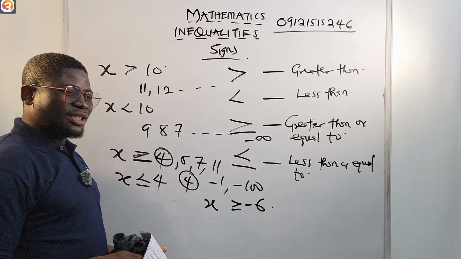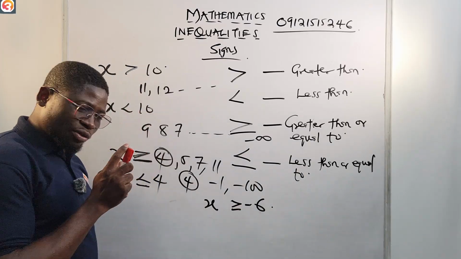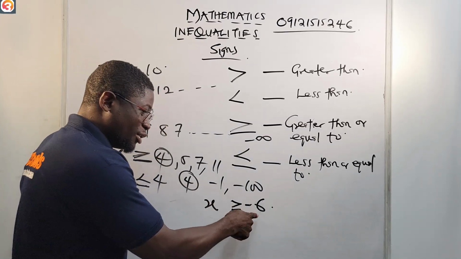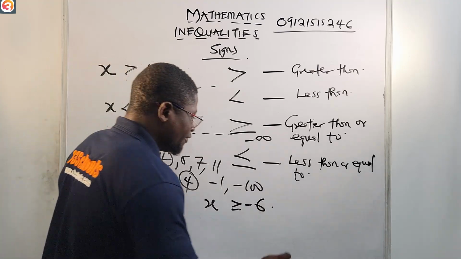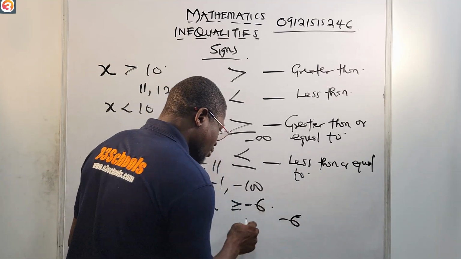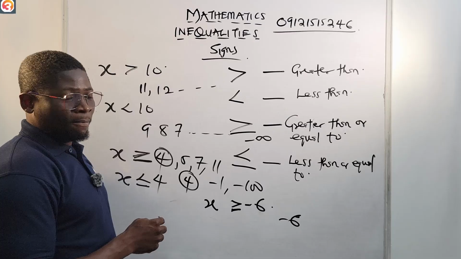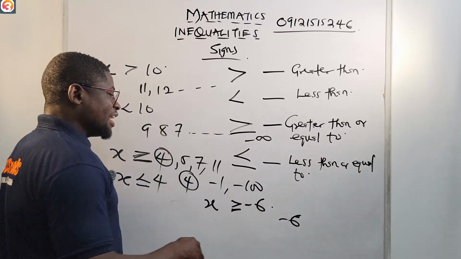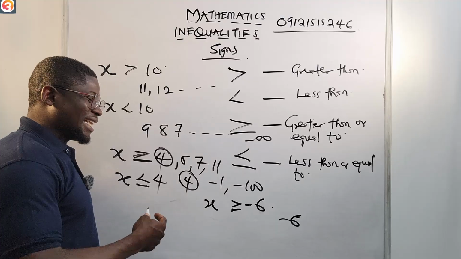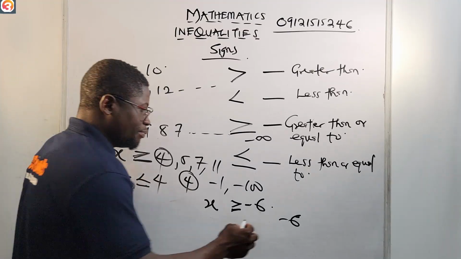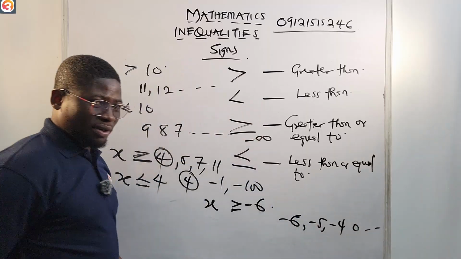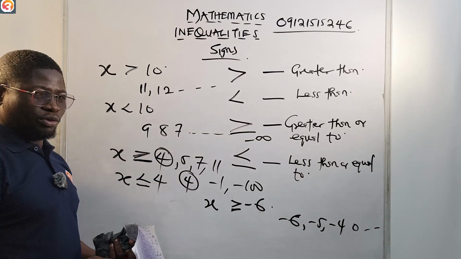It means that the values that will satisfy this inequality are values that are greater than minus 6, or minus 6 itself, because of this equal sign. That means minus 6 will be included because of this equal sign. Then the other values that will satisfy this inequality are values that are greater than minus 6, for example, minus 5, minus 4, 0, like that, positive values.